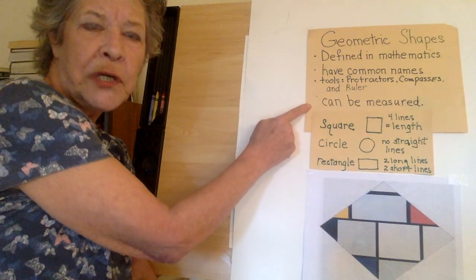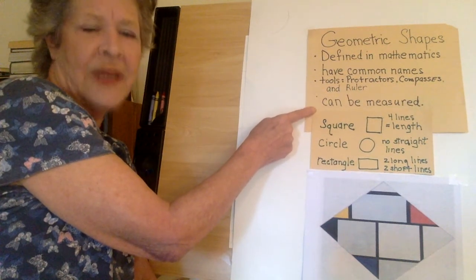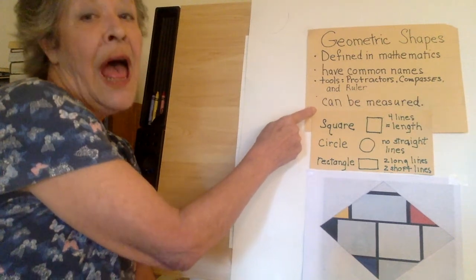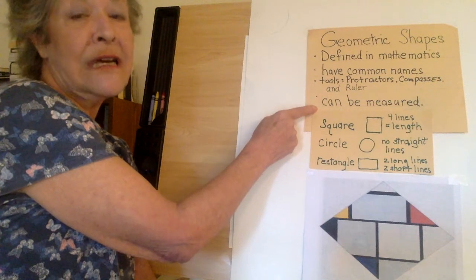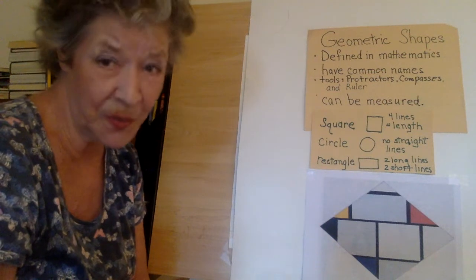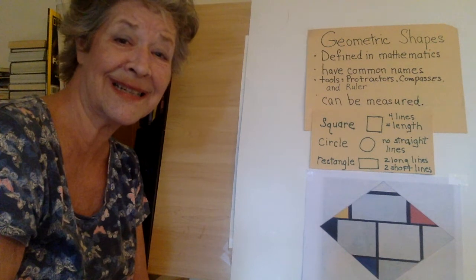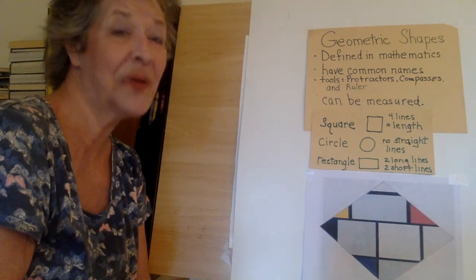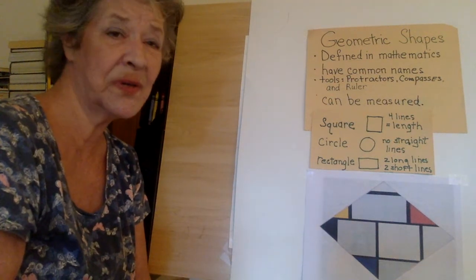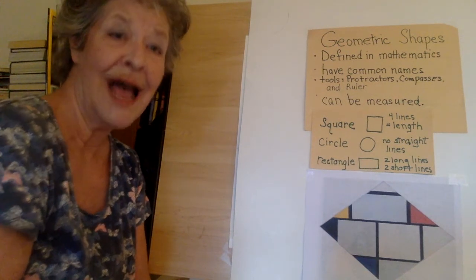They can be measured. Now, we're not going to go in so much into how we measure angles and the definitions of things that precise. So I want you to relax and just understand some of the basics. Some of the terms I'm going to use today, I will introduce you to the terms and break them down for you as best I can.